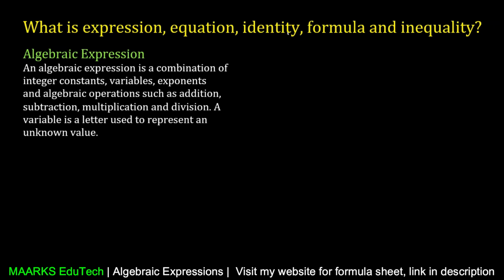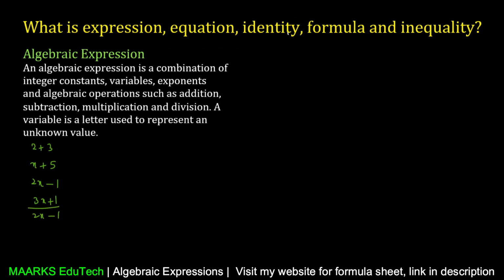As the definition says, if I write 2 plus 3, this will be an expression. If I write x plus 5, this will be an expression because it's the combination with a plus sign, x plus 5. If I write 2x minus 1, it is an algebraic expression. If I write 3x plus 1 upon 2x minus 1, this is another algebraic expression.